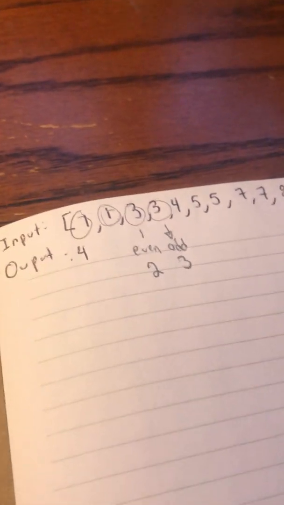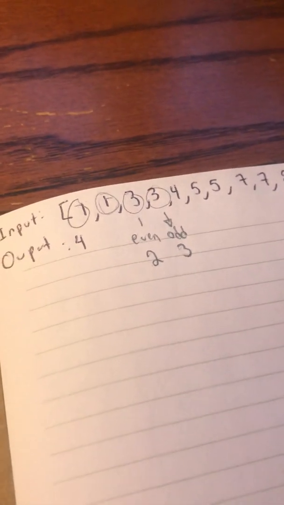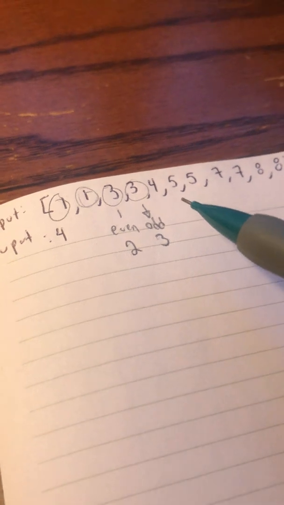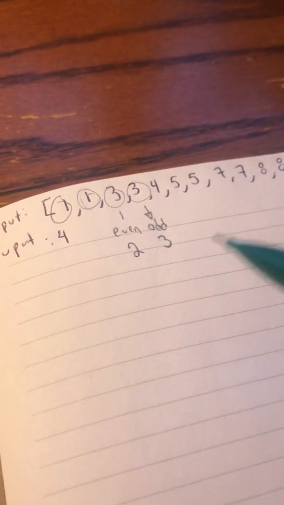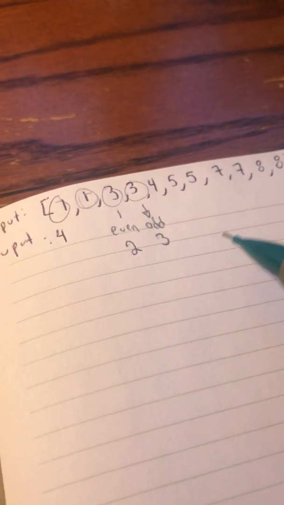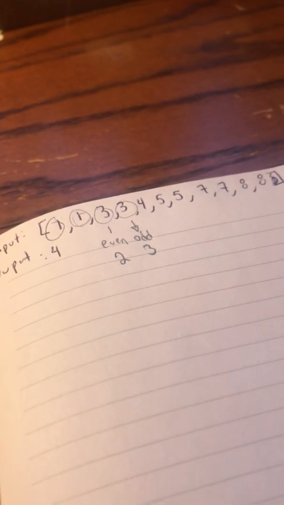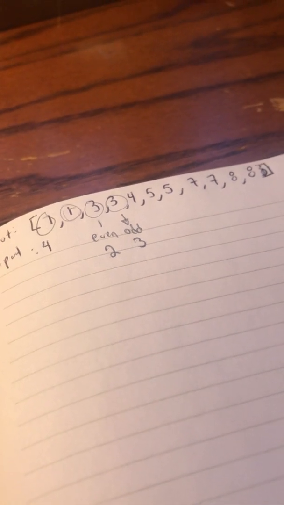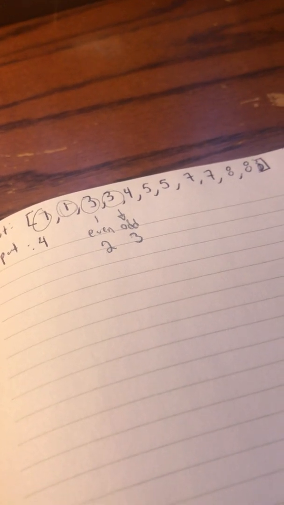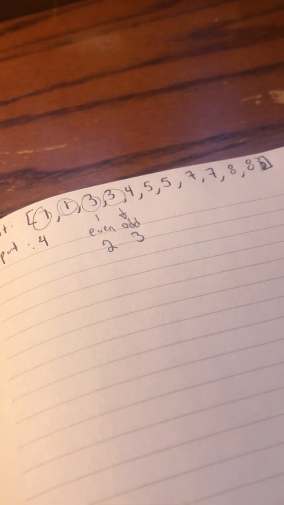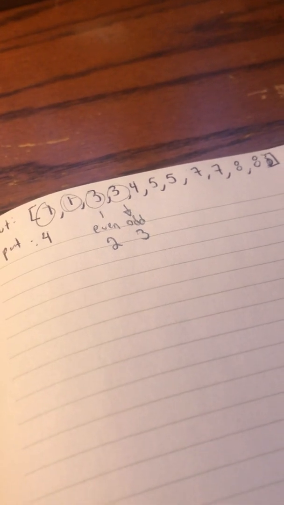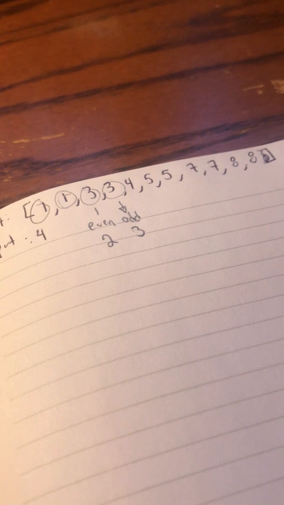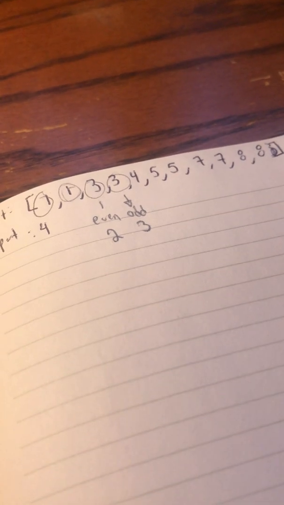So basically, that's how we're going to modify our binary search a bit, so that we know which way we're going to look. At the even indexes, the pairs of elements should start, and at odd indexes, the pairs would end.